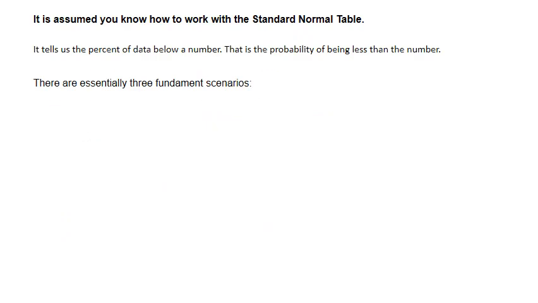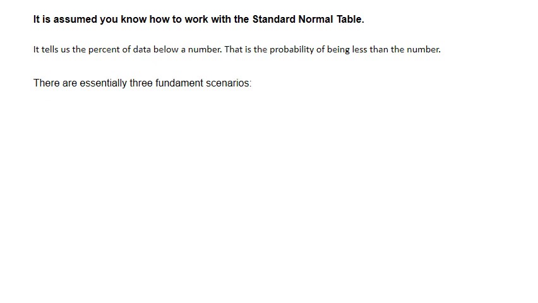As we go through this little workshop here, it will be assumed you know how to work with the standard normal table. I'm really not going to explain that except in this particular slide here. Remember, when you work with the standard normal table, it is telling us the percentage of data that's below a number, the probability of being less than a number, the area below the number, okay?